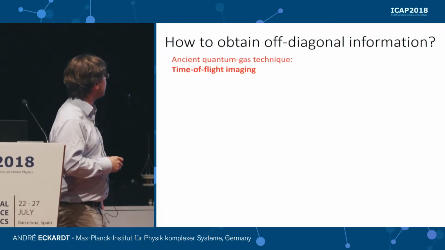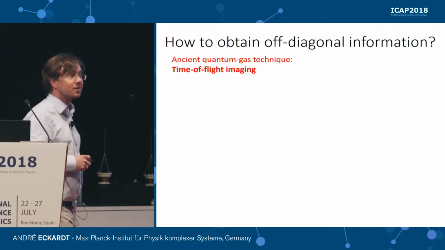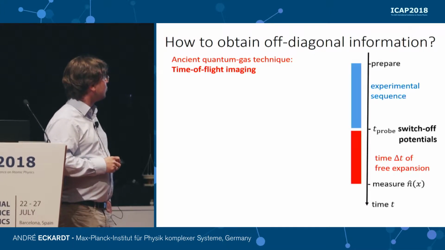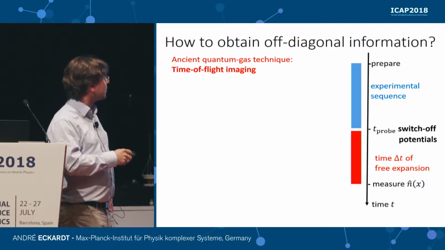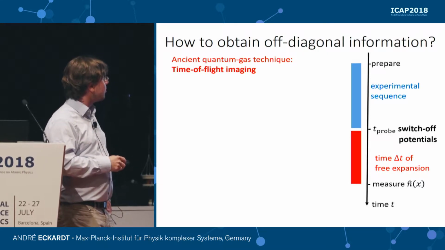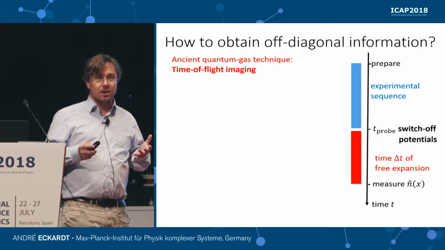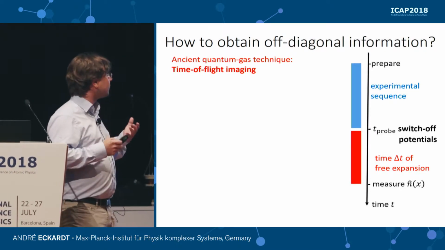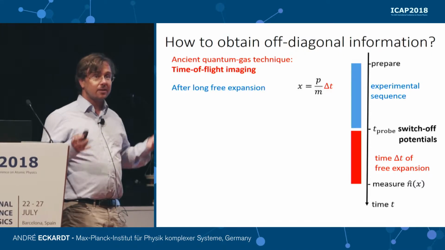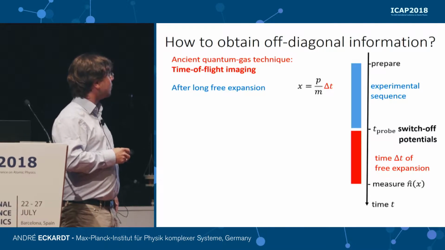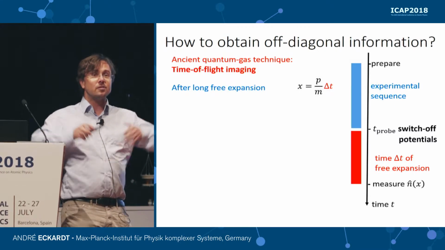There is this very famous, ancient technique of quantum gas physics, which is time-of-flight imaging. In time-of-flight imaging, you do your experimental sequence, and then when you want to probe your system, you switch off all the potentials that trap the atoms, including the lattice, and let them fly. In this free expansion, the momentum of an atom transforms into the distance it travels.